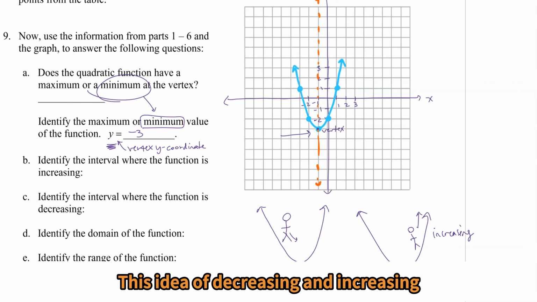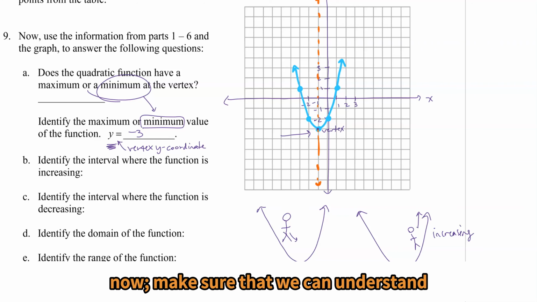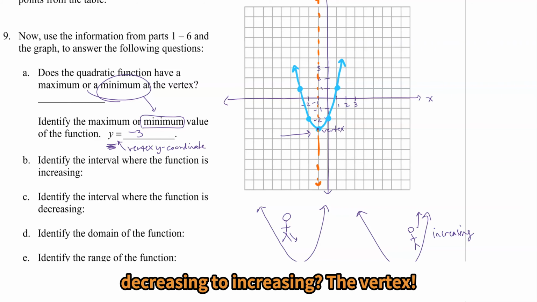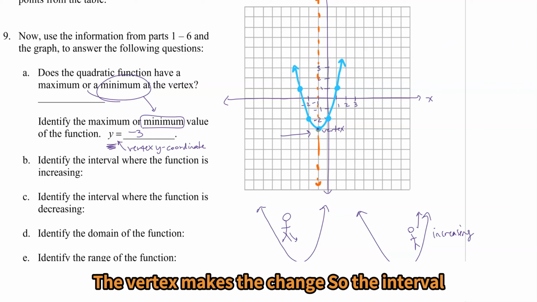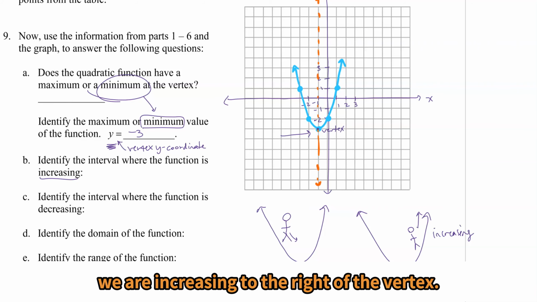This idea of decreasing and increasing becomes important, particularly in later classes, but it is good to identify them now and make sure that we can understand where that break point is. So where does it change from decreasing to increasing? The vertex. The vertex makes the change. So the interval where the function is increasing, for this graph, we are increasing to the right of the vertex.